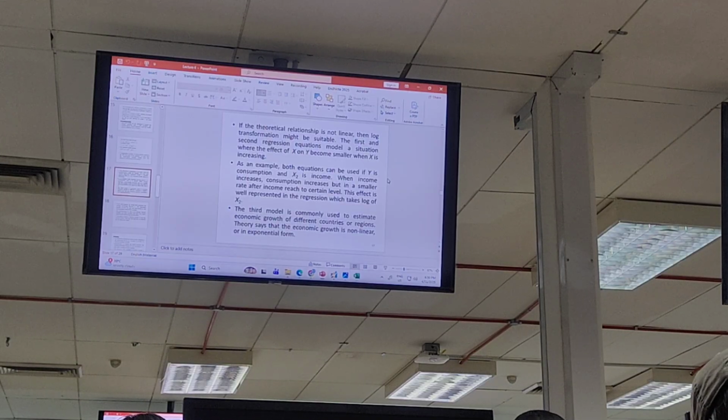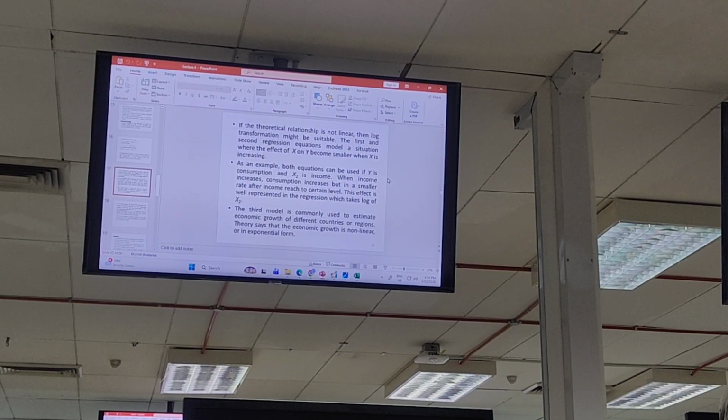Because in this case, for example, lower income people spend quite a large portion of their income on consumption. But higher income people, or a certain segment of the population, spend a smaller portion of their income on consumption, and more on saving, for example.